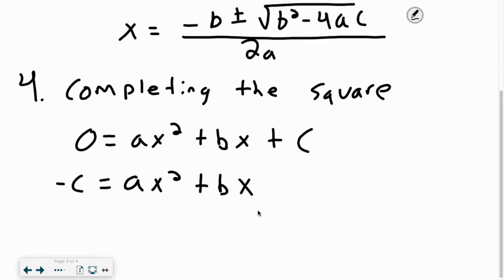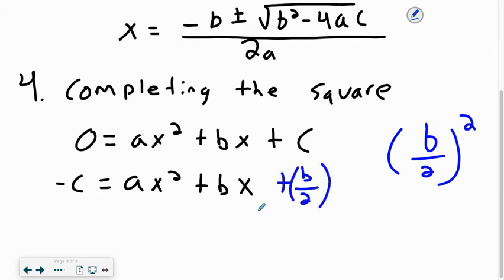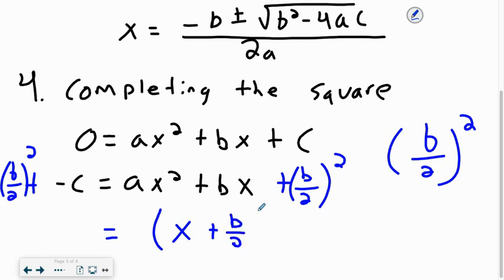Then you're going to add (b over 2) squared to both sides. And then you're going to factor the left side, and it's always going to be (x plus b over 2) squared right there.